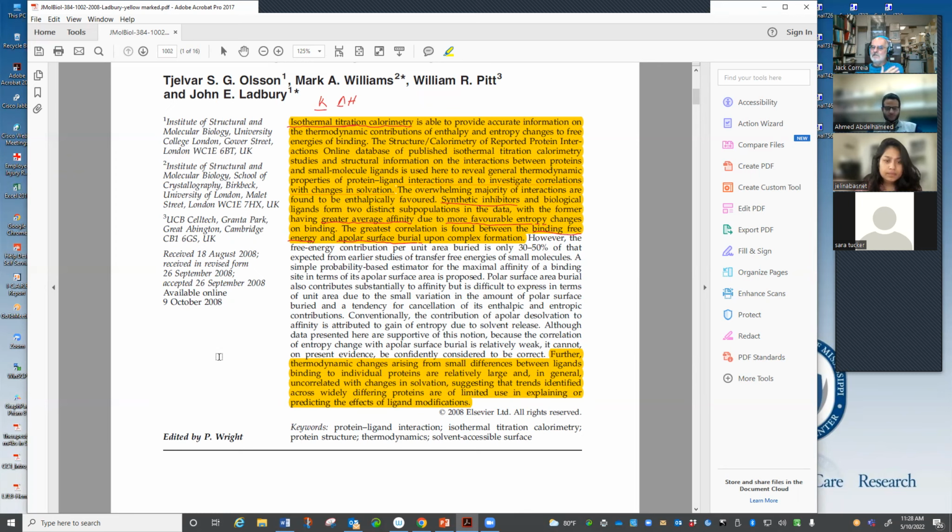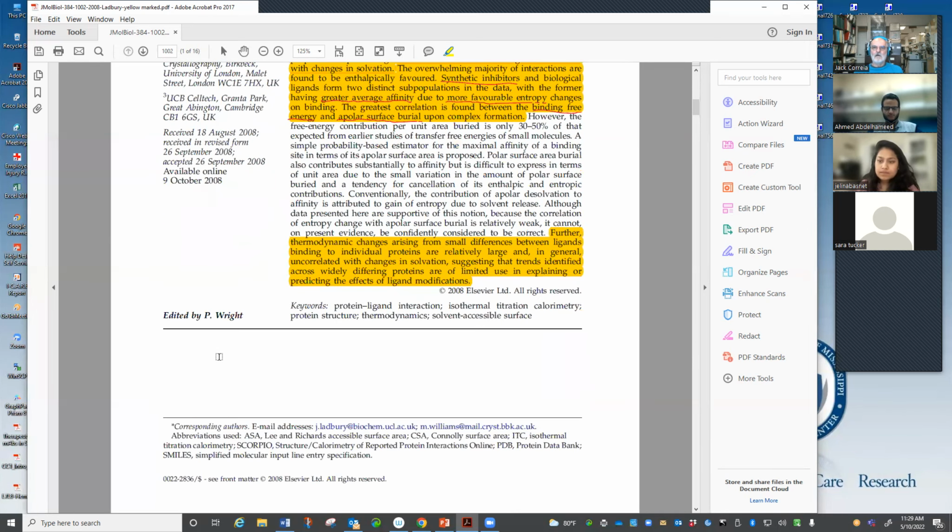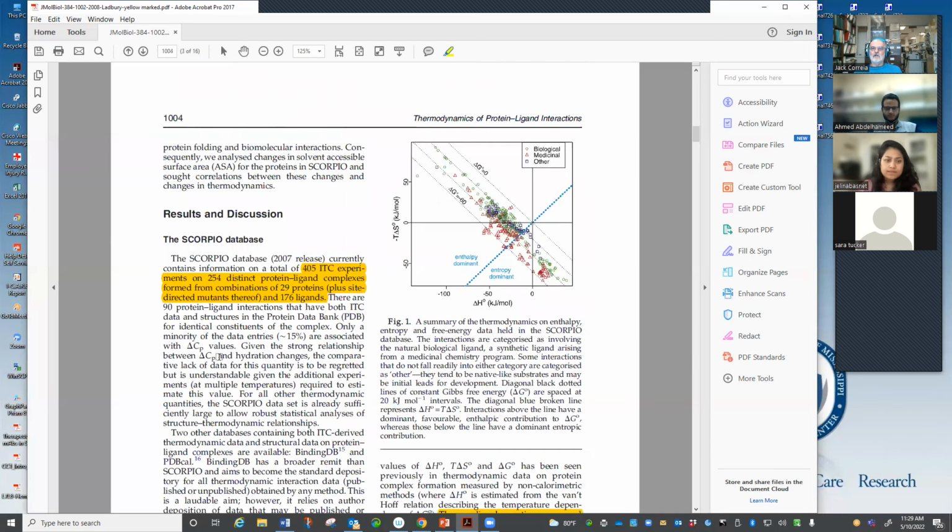So the ability for that to be true, if I've summarized that in any reasonable way, then the enthalpic contribution here, the clustering of data into different regions allow us to say things.